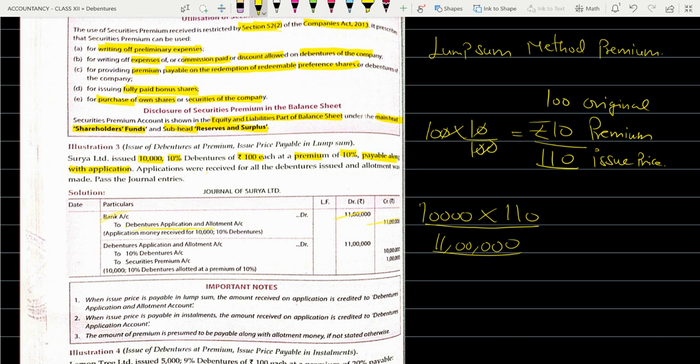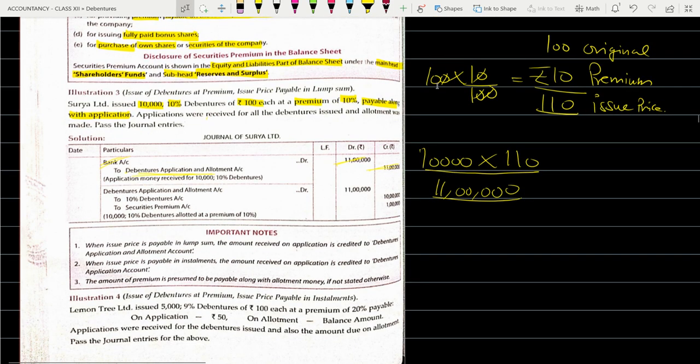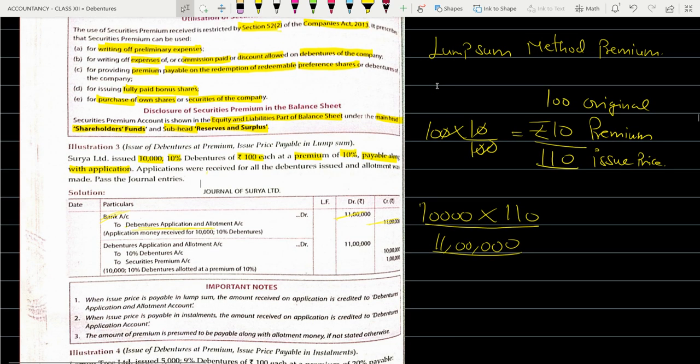Just let me know whether we have the date of issue of debentures. Just confirm one thing.